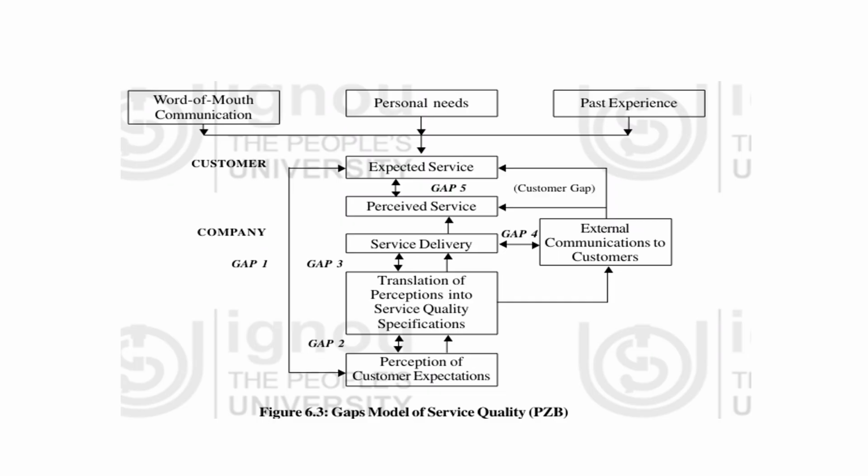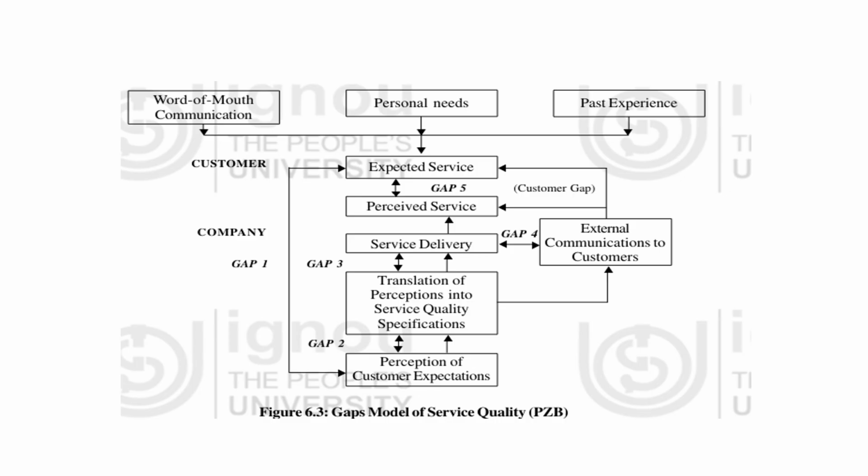If perceived service meets or exceeds expectations, it leads to satisfaction, as I said earlier. And if perceived service falls below expectation, it causes dissatisfaction. So all other gaps in the organization contribute to gap 5.